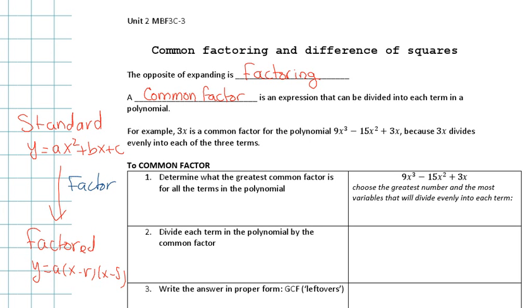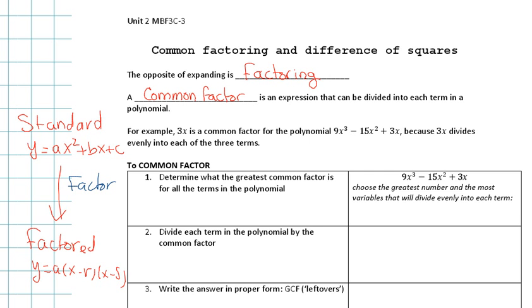Okay? Now you also have to look at the letters. If the letter is also common for all three terms, in this case I have 3 terms, if I have the same letter in all 3 terms, then I can also divide by that letter. So you see I have x cubed, I have x squared, and I have an x. So I do have x in every single one of them, right?